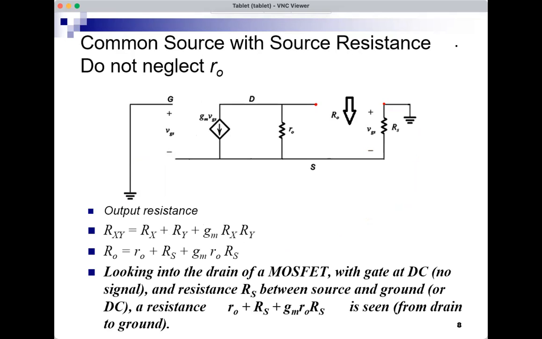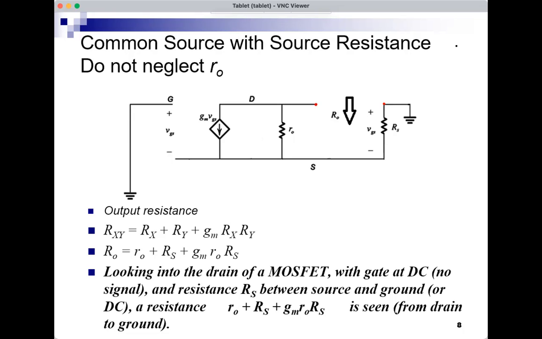Now we will use this RXY formula to come up with a new rule for MOSFETs. And the new rule states that if you're looking into the drain of a MOSFET with gate at DC, so no signal, and the resistance Rs between source and ground or some DC level, a small signal resistance RO plus Rs plus GM RO Rs is seen from the drain to ground.